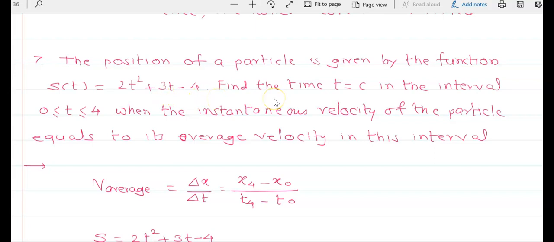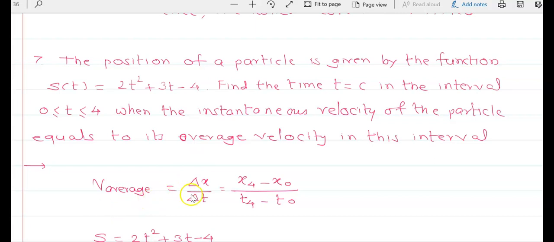Find the time t = c in the interval where t lies between 0 and 4, when the instantaneous velocity of the particle equals the average velocity in this interval.